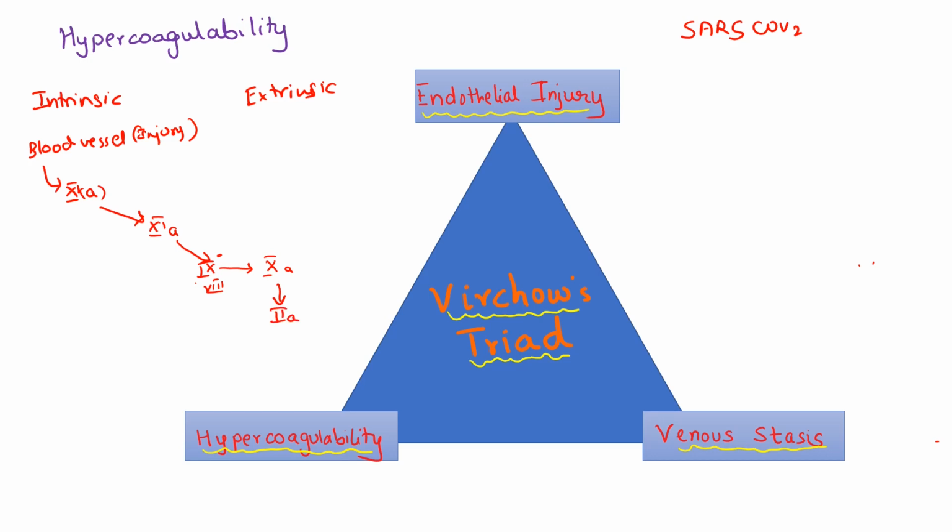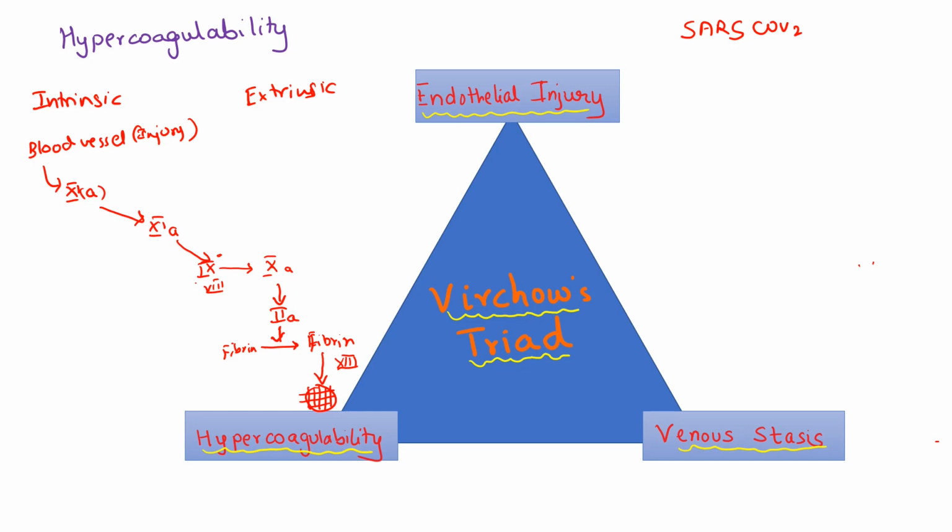This activated factor 2 will further cause conversion of fibrinogen to fibrin. Now we know that the clot, or thrombus, is mainly made up of fibrin. This fibrin in presence of factor 13, or the fibrin stabilizing factor, leads to formation of a proper clot. This is the intrinsic pathway.